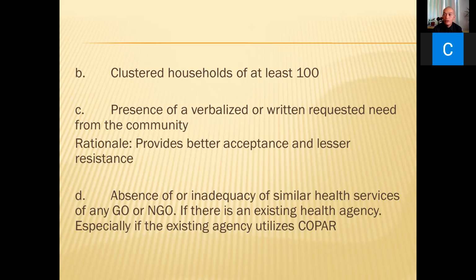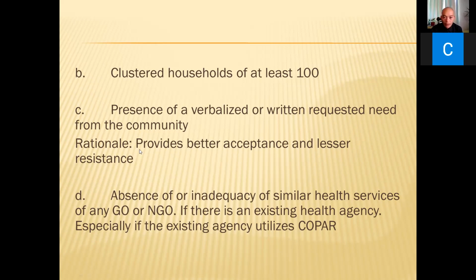Is it possible that you also send nursing students to our community, because we are in need of health services as well? If there is a written or verbalized request from the community, that is already a very good factor for us to choose their community.